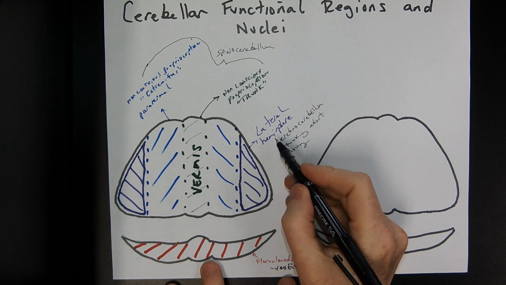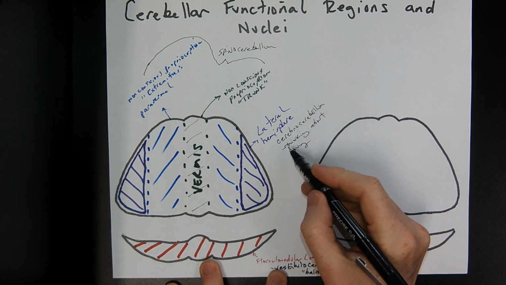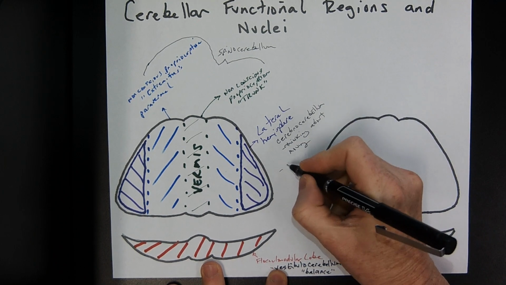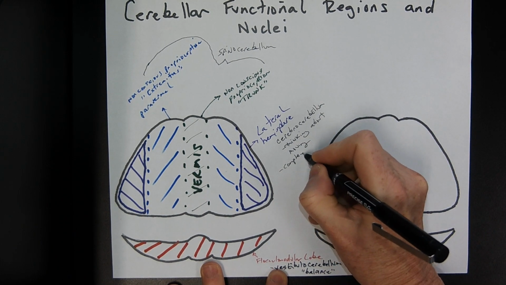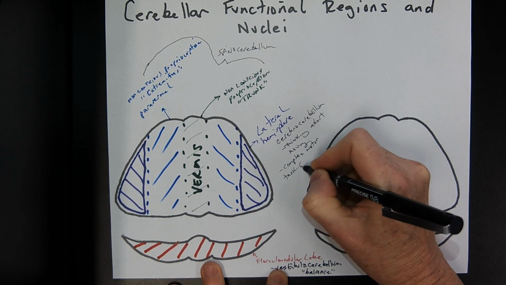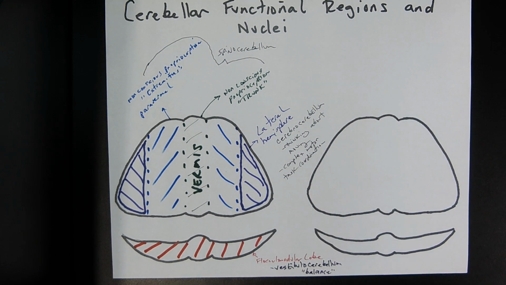The lateral hemisphere is the part of the cerebellum that feeds into this. So it's thinking about movement, but it's also complex motor task coordination, putting together all those motor tasks. This is the part of the brain that's going to communicate information about that.